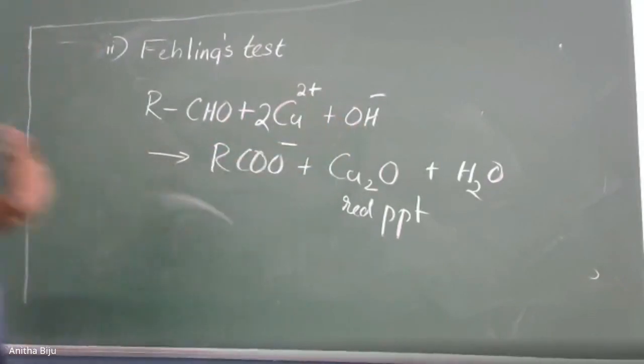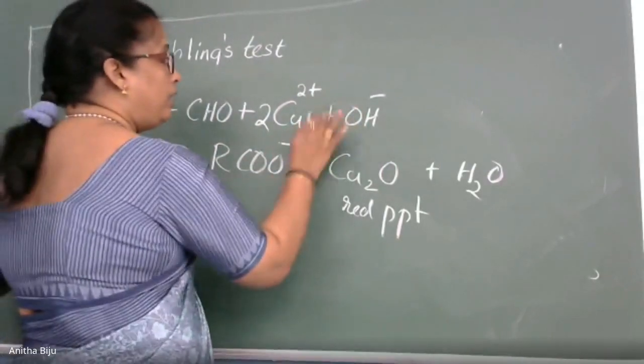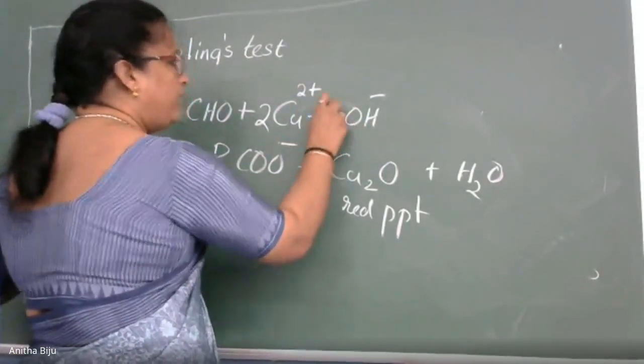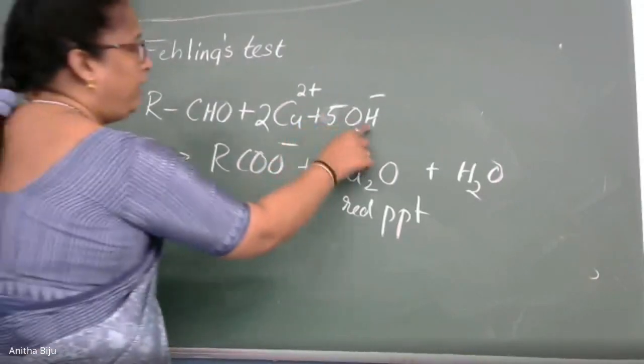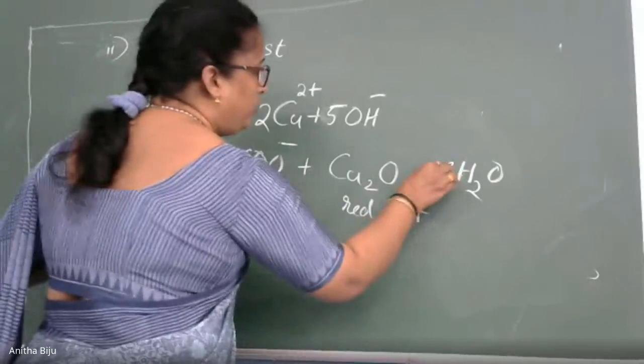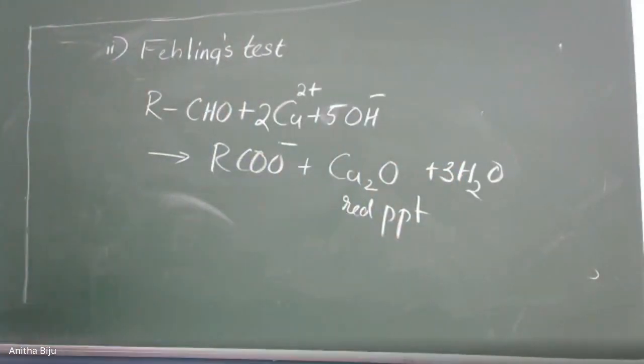So total 5 OH minus we want, and is it balanced? Now check whether it is balanced or not. Hydrogen is not balanced. So here we can put 3H2O. This is a balanced equation. Learn it very well. Very important.